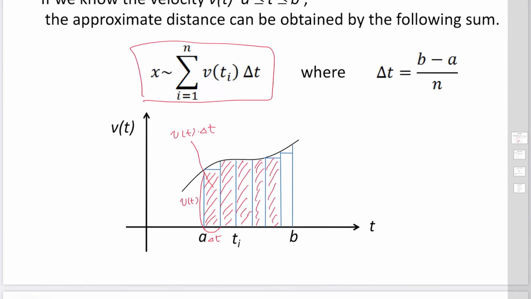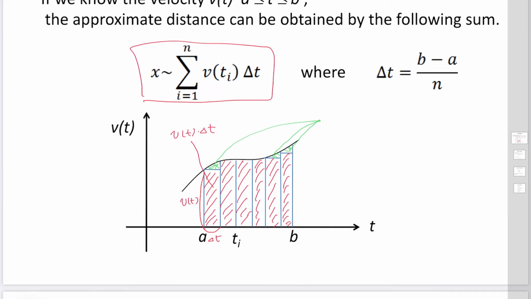If you sum up all the small areas of the rectangles, we get the approximate value of the distance, because the tiny areas are ignored. At least we can find the approximate distance from the velocity by just summing up the small areas.